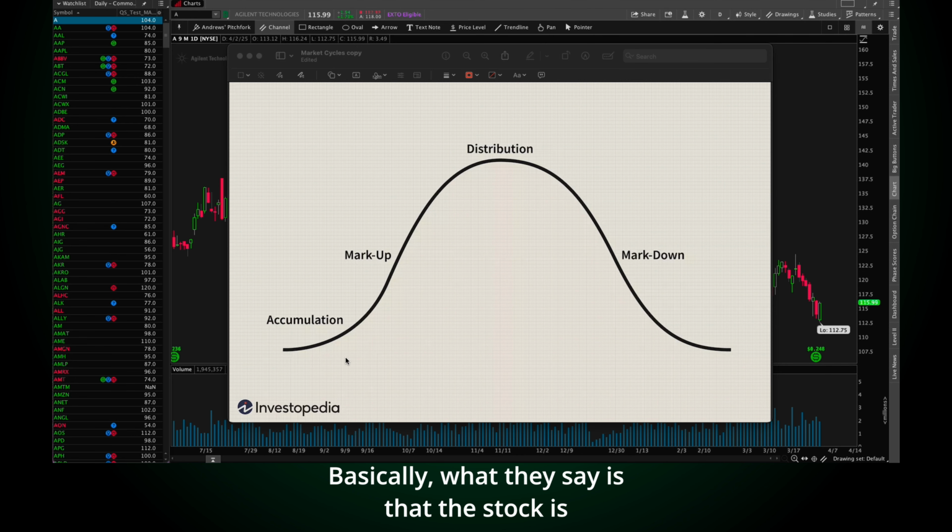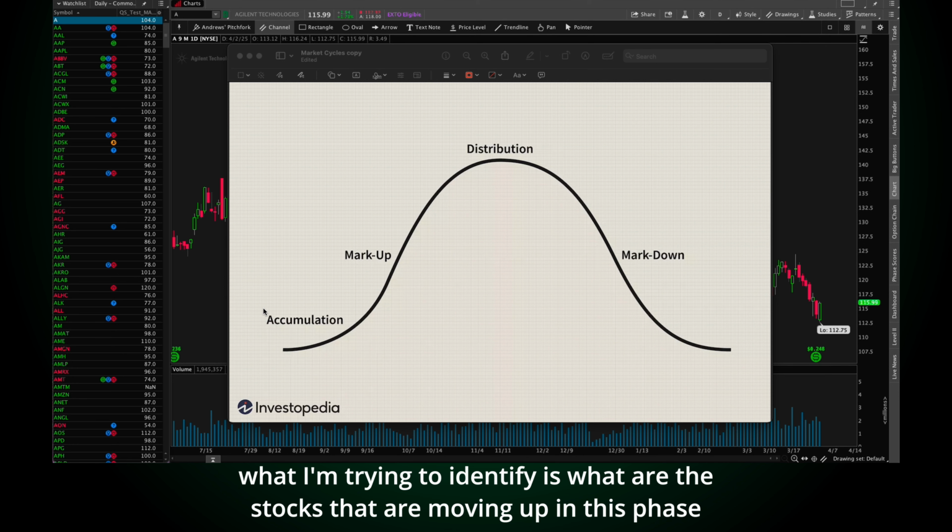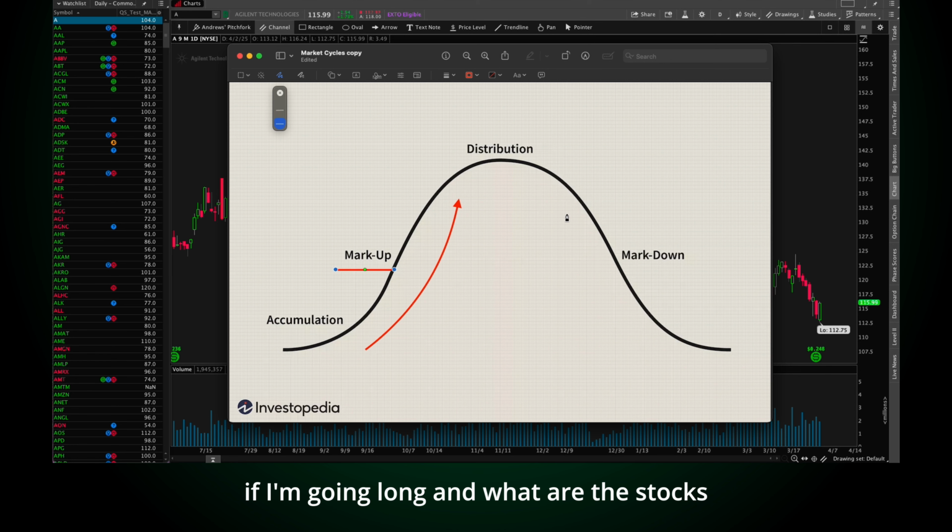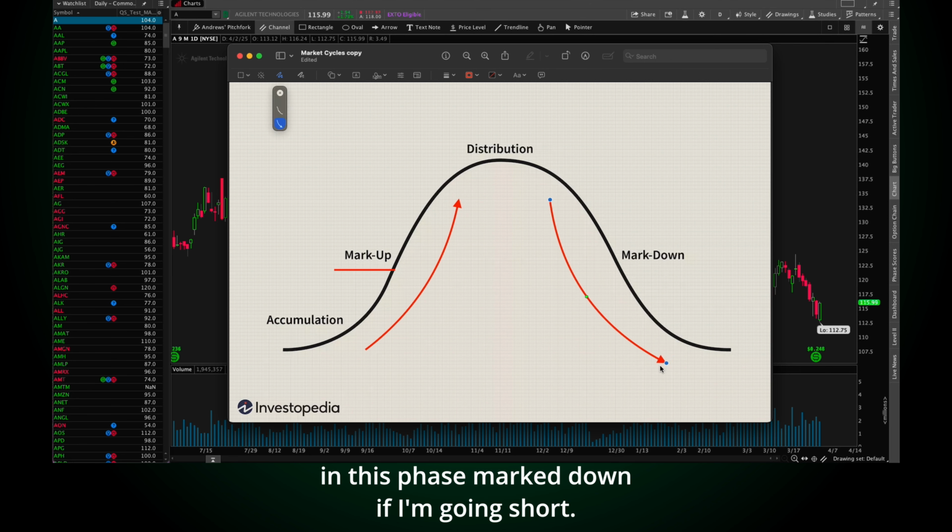Basically, what they say is that the stock is going to move in a cycle. They accumulate, move up, then you have the distribution phase, and then it moves down, and it repeats the cycle. What I'm trying to identify is which stocks are moving up in this phase if I'm going long, and which stocks are in this markdown phase if I'm going short.